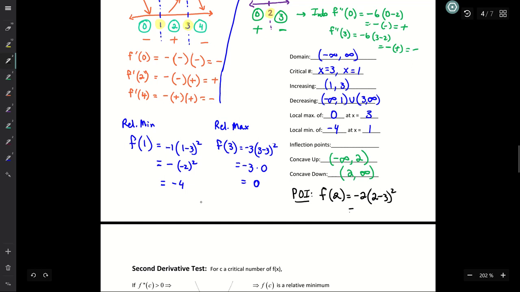So that would be -2, 2 minus 3 is -1. When you square that, it becomes positive, and then multiply by the -2 you have in the front. And on these, they are always ordered pairs. So for the actual point of inflection, the x value that I plugged in was 2, the y value that I got out was -2, so that would be my point of inflection.